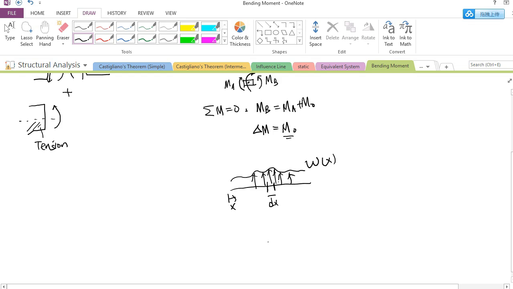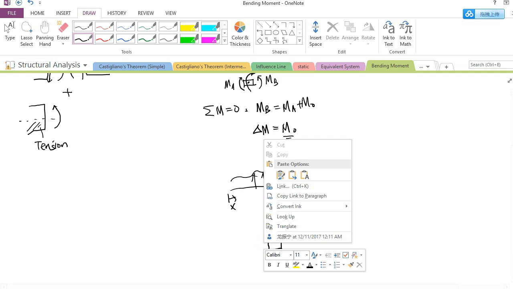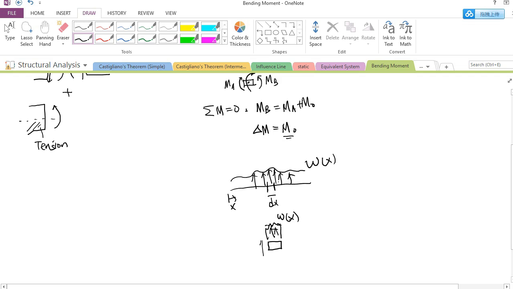This is the segment, and then we have some external load, W or Wx, because this is very small, so we can assume that it is approximately constant. And we have a shear force. Let's assume that the shear force is positive.